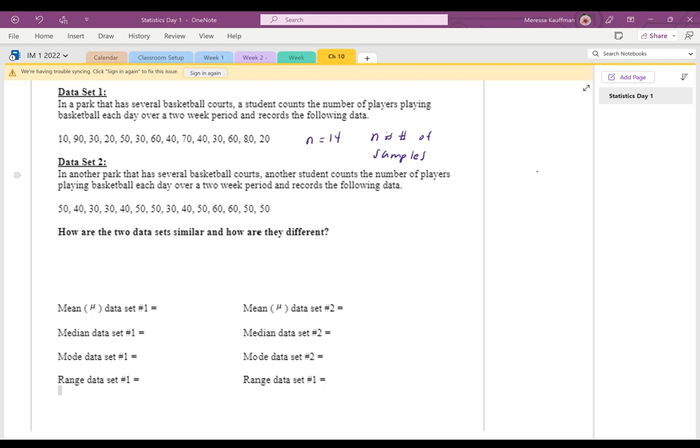And let me pull up my calculator here. One second. Where did it go? There you are. All right, so what I'm going to do is calculate those numbers.